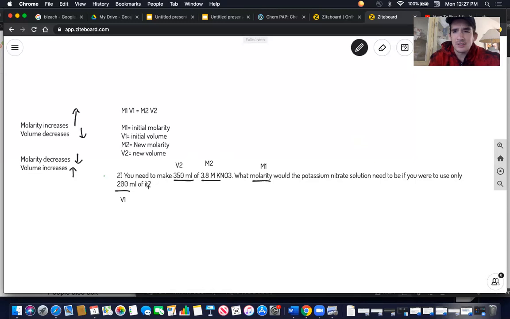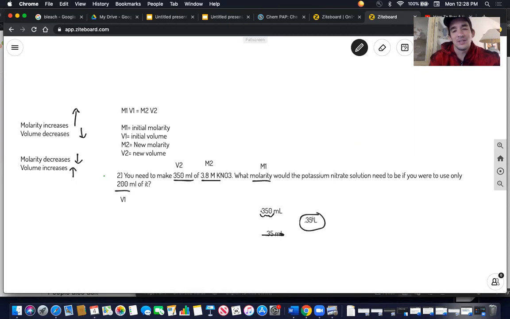I need to convert these to liters because we need to be using liters for these equations for molarity. So if I have 350 milliliters of something, the way that you convert this to liters is you move the decimal to the left 3 times. So 1, 2, 3. It's going to be 0.35 liters, my bad.